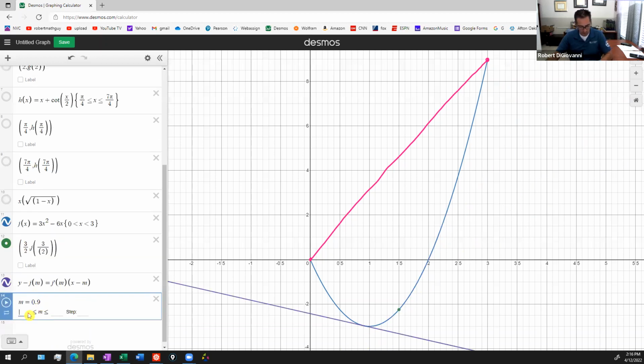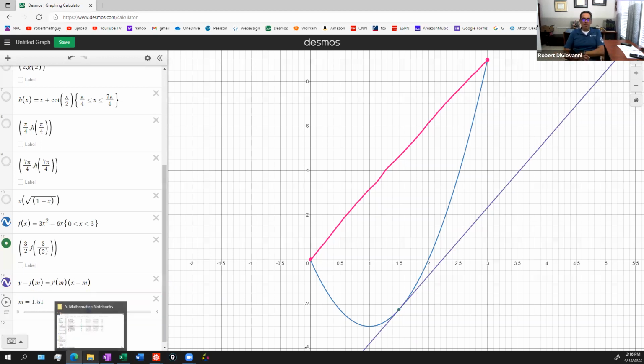Let's let m go from 0 to 3. All right, so there we go. I have this thing doing tangent lines for me. Do you all agree that when I get to 1.5 right there, that tangent line looks parallel to the reddish pinkish one?